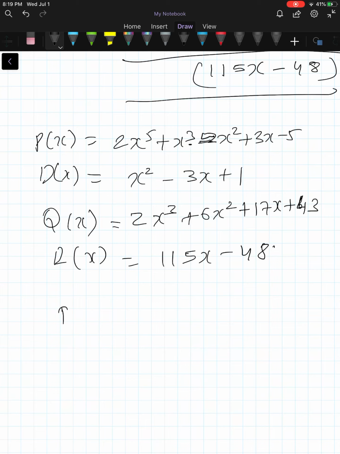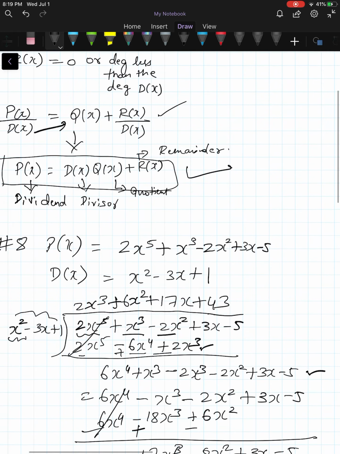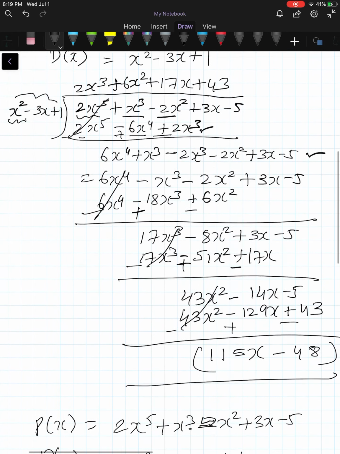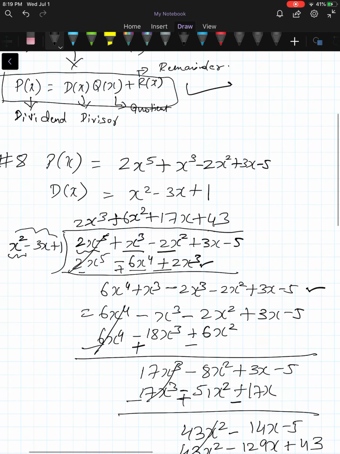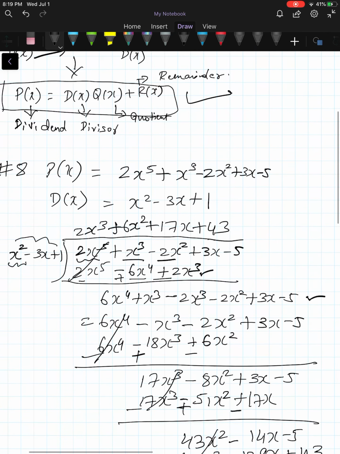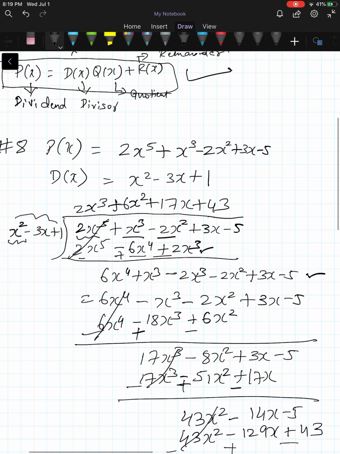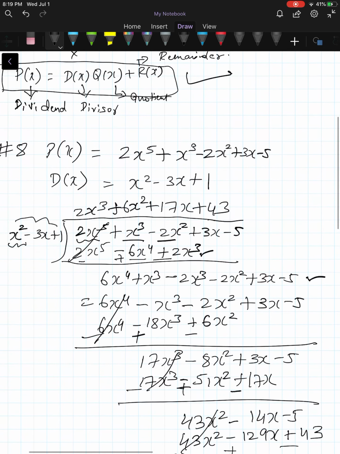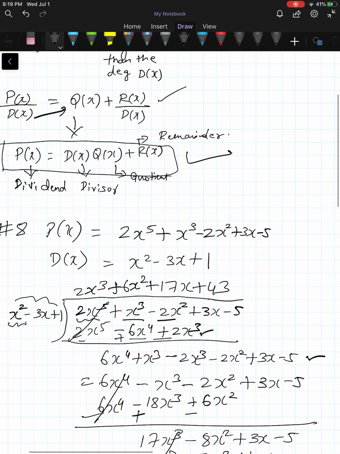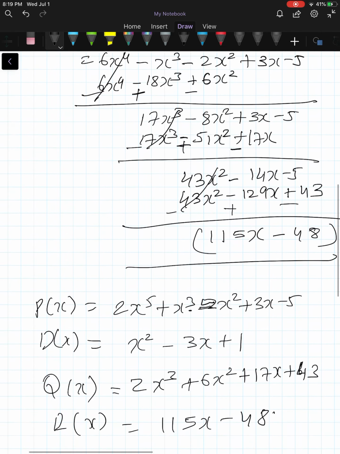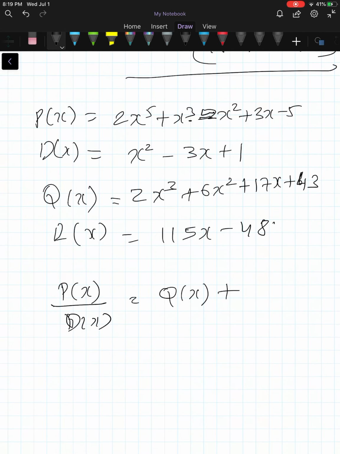So using the division algorithm, p of x divided by d of x is equal to q of x plus r of x divided by d of x, or I can write it in terms of the second equation, p of x is equal to d of x q of x plus r of x. I will use that.